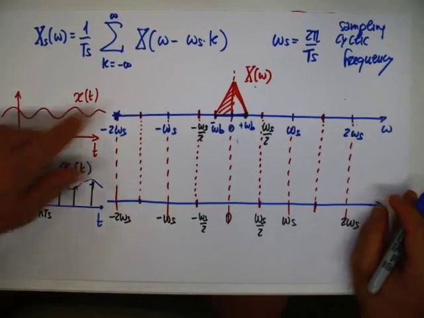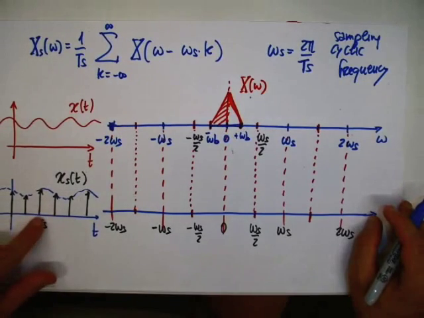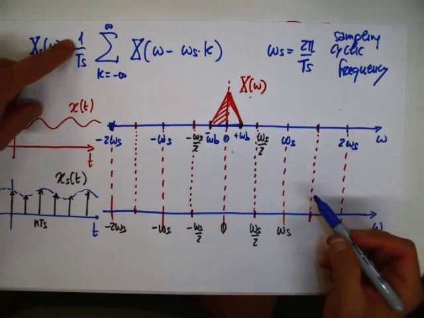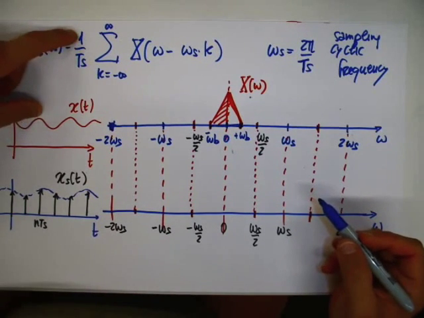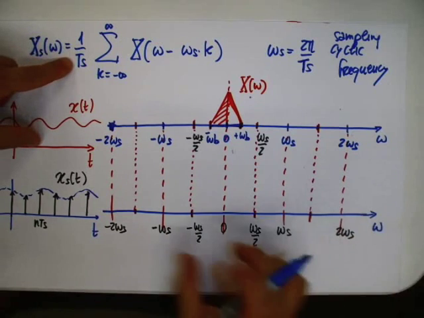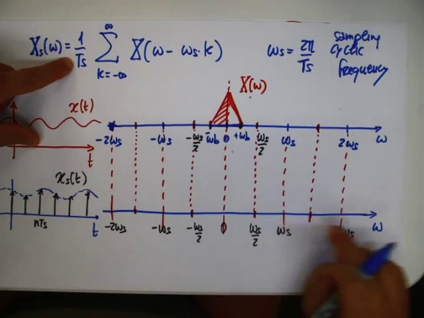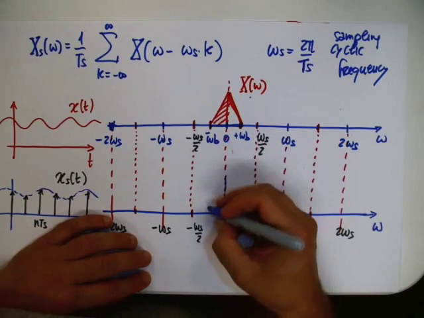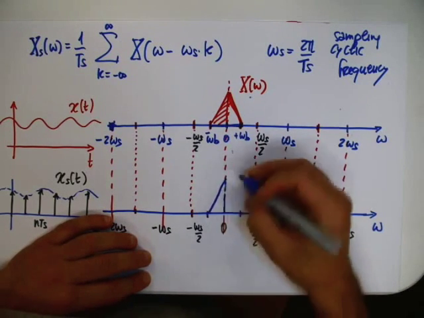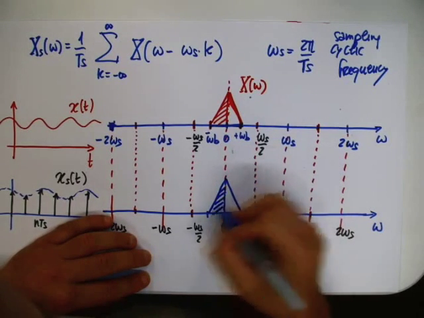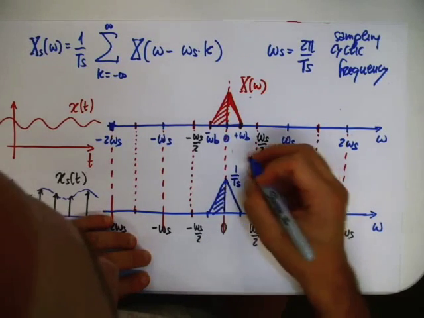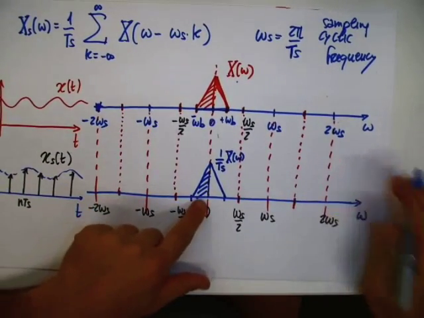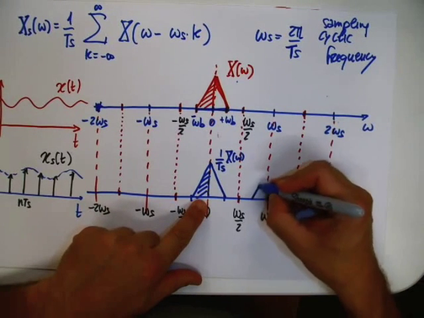And then, what is the Fourier transform of the Diractified signal? I simply take the same spectrum, multiply by 1 over Ts, and then I make multiple copies every omega sub s. So what does it mean? That I'm going to get 1 over Ts X of omega. Then I have the same copy, but at omega s.